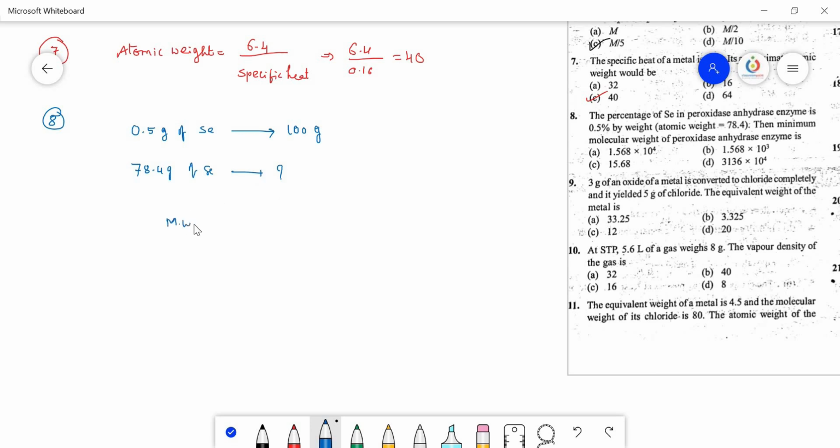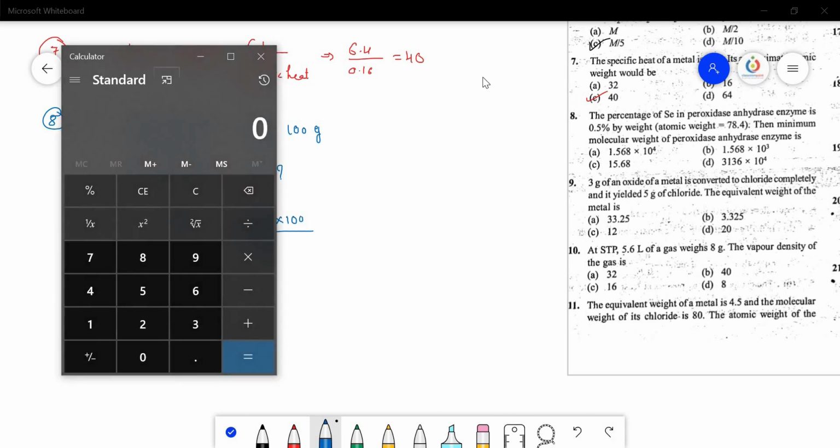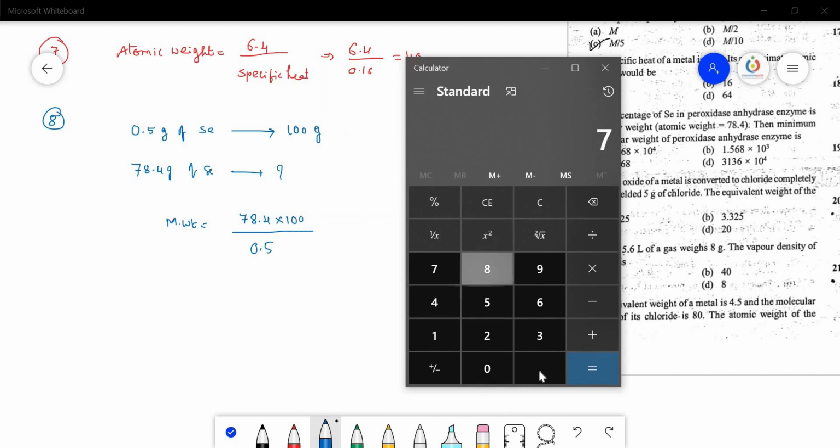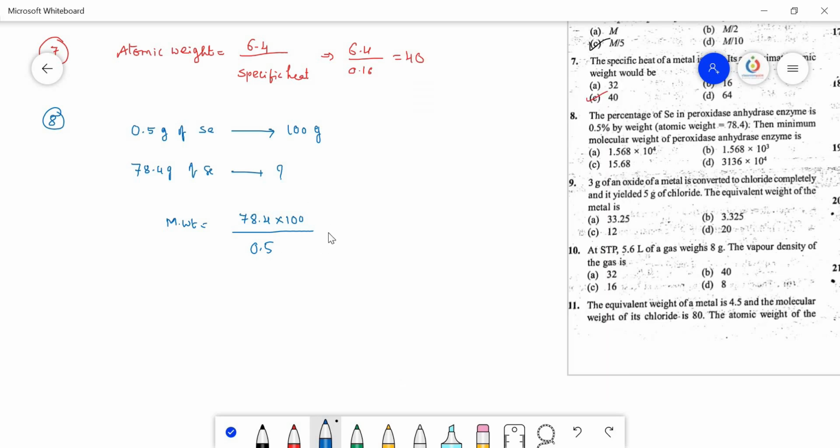So the molecular weight of the compound is equal to, just do the cross multiplication, 78.4 into 100 divided by 0.5. That is 15,680.